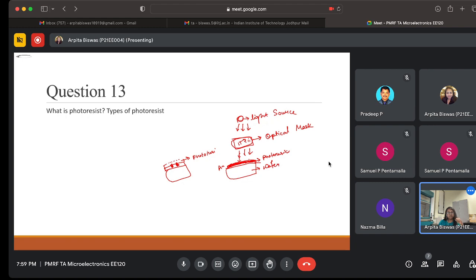Nazma, this is the main work of photoresist. To protect the region that is not to be removed, ma'am.